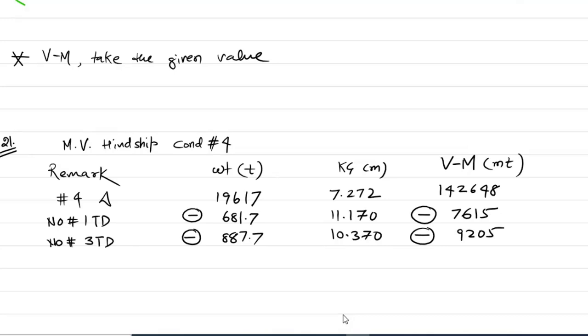It says the entire heavy fuel oil from the settling and service tank, port and starboard, is shifted to number 4 DB tank.